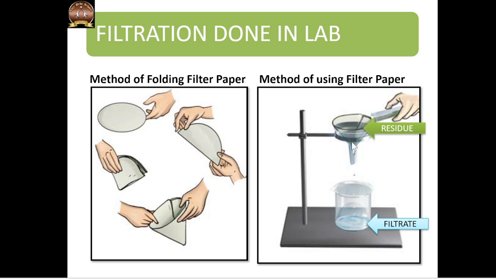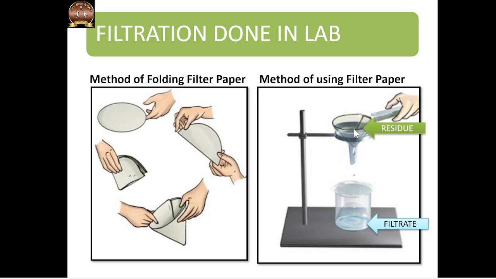The liquid part would then get collected as the filtrate in the beaker. It would be a very clear liquid because the filter paper will not allow any particles of the insoluble solid to pass through its tiny pores. So what is collected in the filter paper is called the residue.